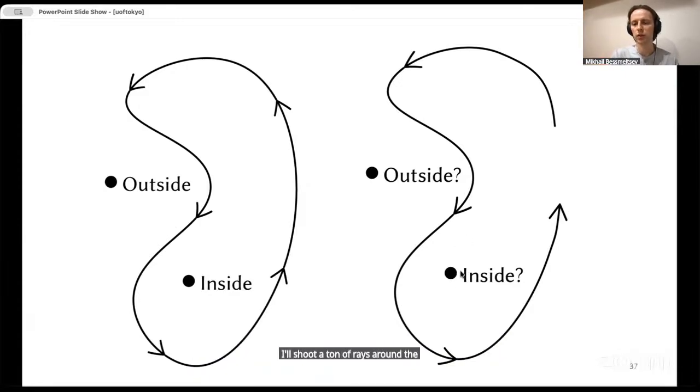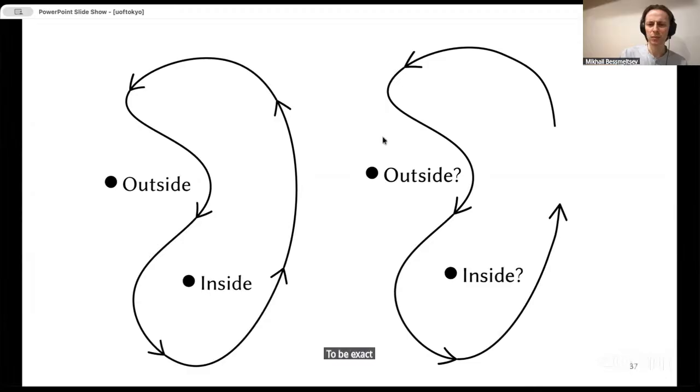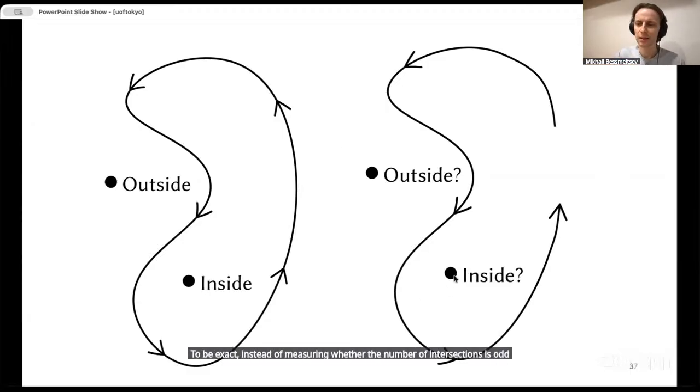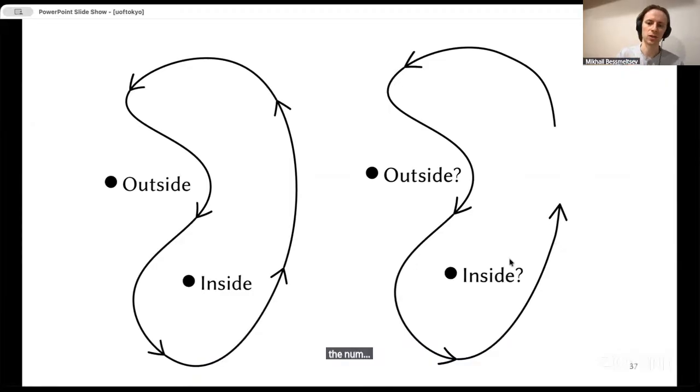So here, for example, I'll shoot all the possible rays around the point, and I count the number of intersections for each, and then I average. To be exact, instead of measuring whether the number of intersections is odd or even, I'm going to do a slightly trickier version where I shoot a ray, any ray, and count the sign of the intersection. So if I'm intersecting the curve, you see that it's oriented.